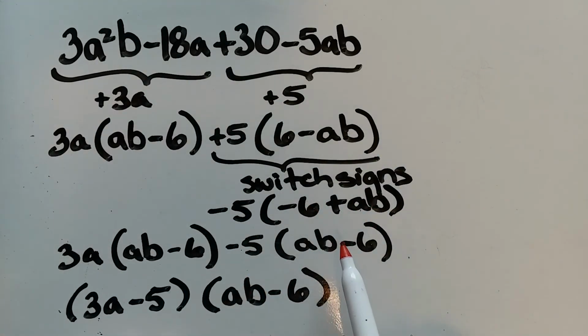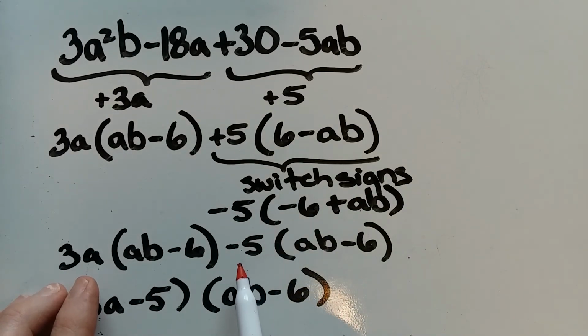So the same exercise, we could have left it like this for both of these binomials, but to be honest, just leave it as AB minus 6. Make it consistent so that we can consolidate them here. And then we're going to consolidate these outside greatest common factor terms as well.